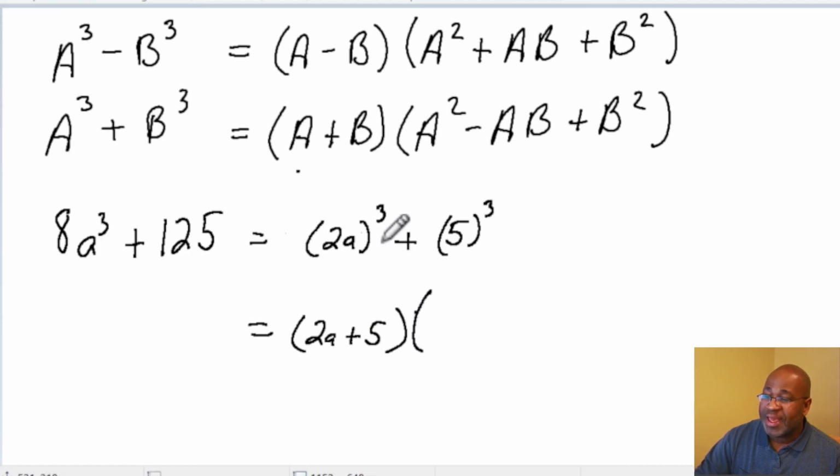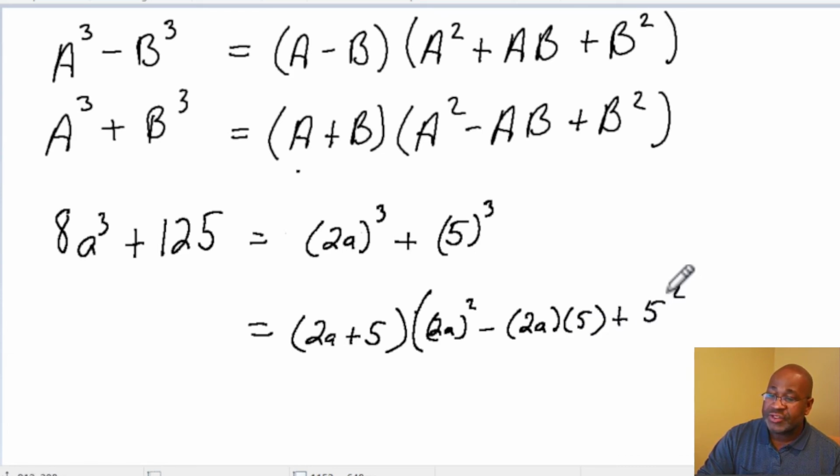And we multiply that by a squared. So this will be 2a, I'm going to put that in parentheses because the whole thing is going to be squared there, 2a squared, minus a times b. So that's 2a times 5, plus b squared, or 5 squared.